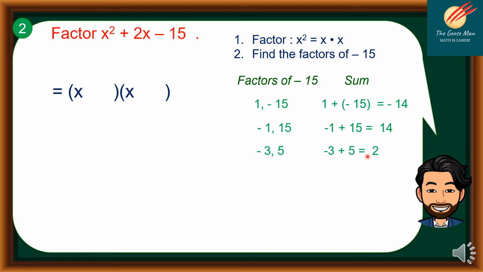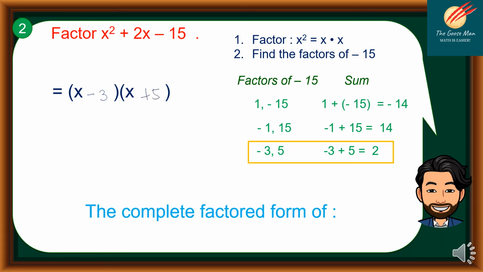Therefore, these are the factors that we are looking for. So I'll write negative 3 here and positive 5. Therefore, the complete factored form of x squared plus 2x minus 15 is equal to x minus 3 times x plus 5.